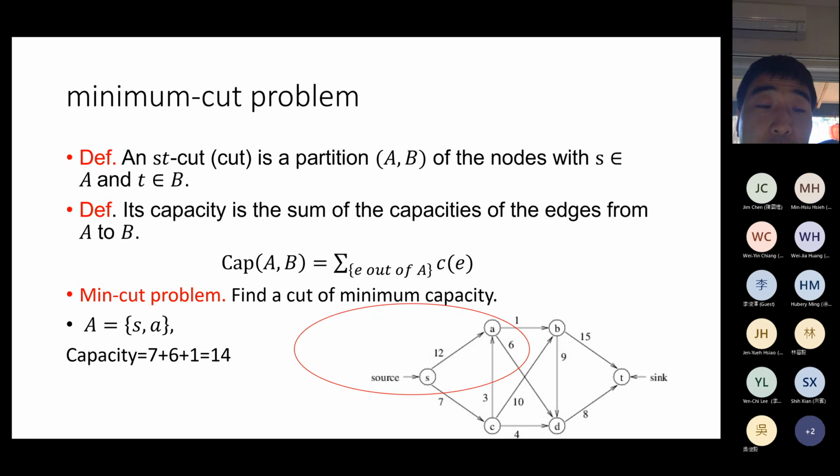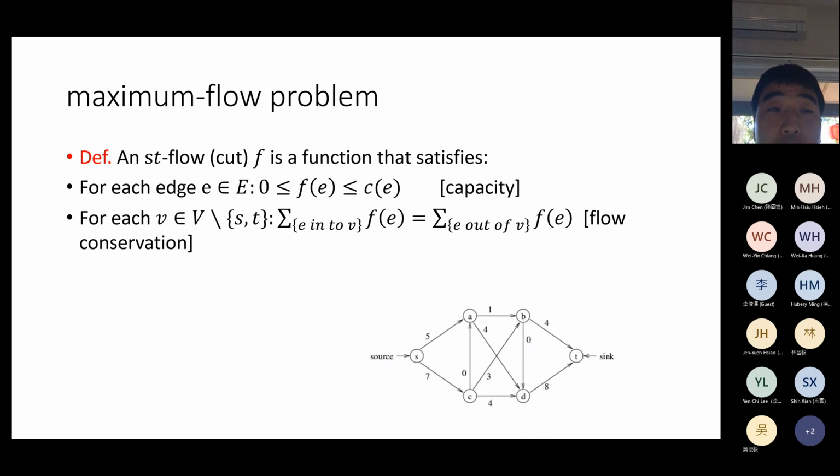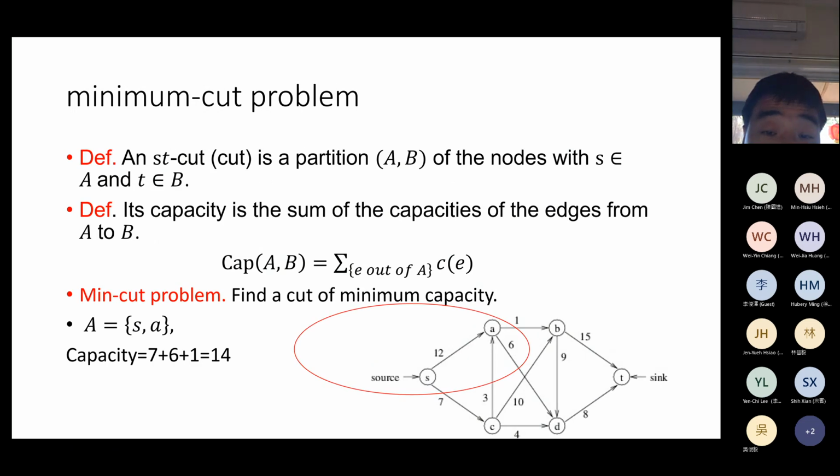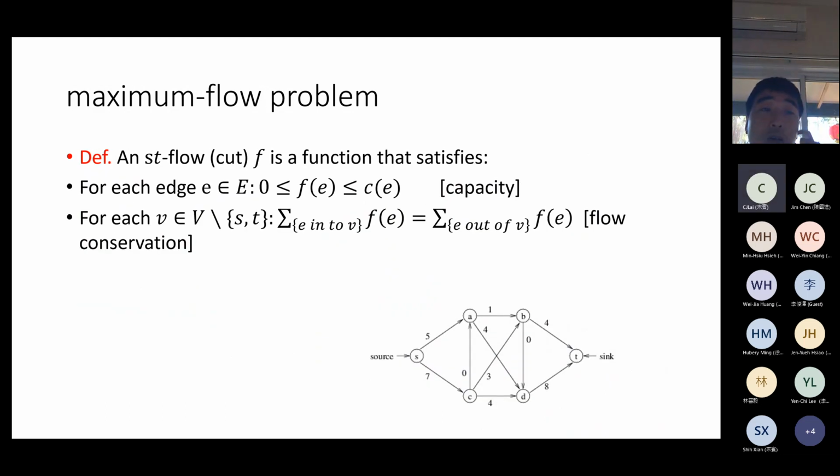You can verify that this is actually the minimum cut. In the previous example, could we choose the cut to be just A itself? No, you cannot, because you have to maintain that the source is in A. The source has to be included in A.